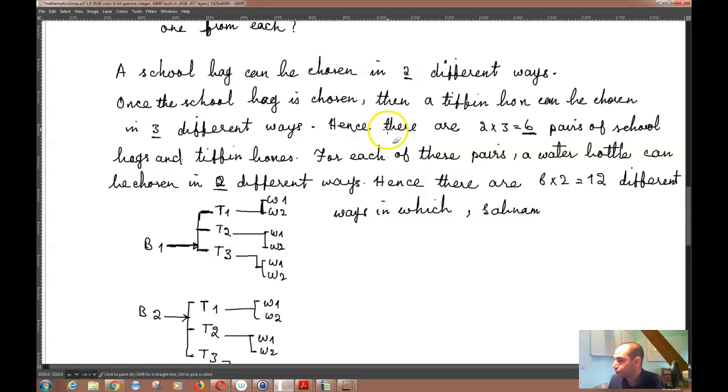So Sabnam can carry these items to the school.